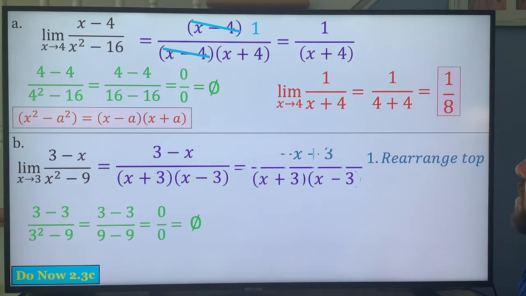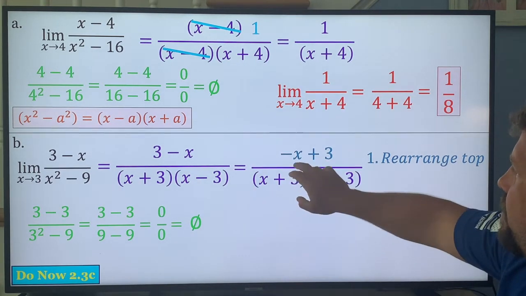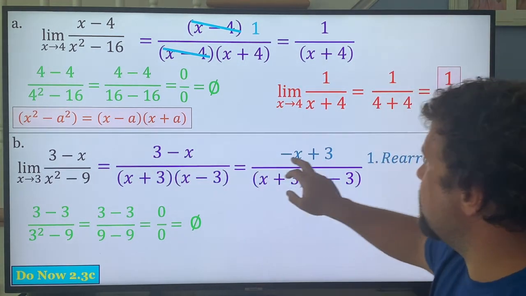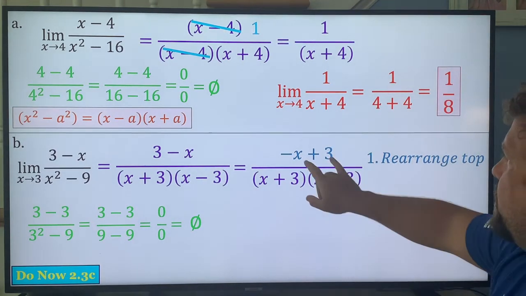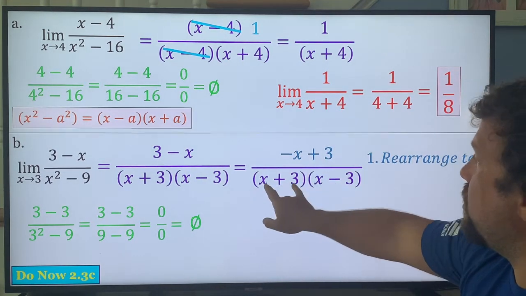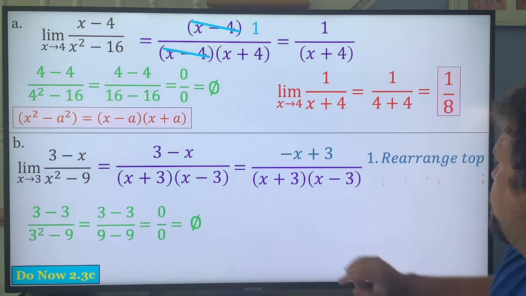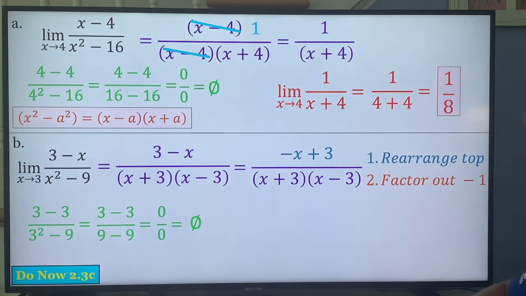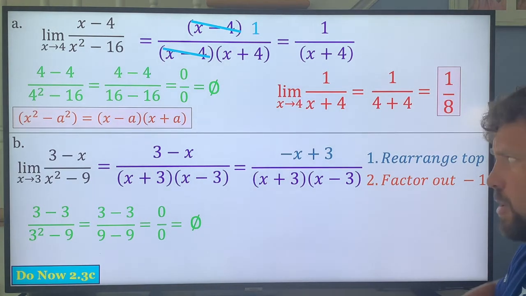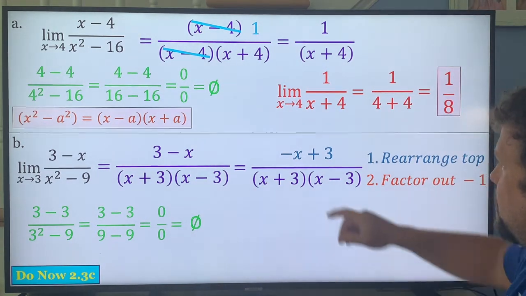Watch this magic. So, maybe this helps you a little bit better. All I did was switch the position. -x plus 3. Still not the same. Close. What if I factored a negative 1 out of the top? Can you do that? Of course you can. You can factor anything out, as long as you take it out of both.